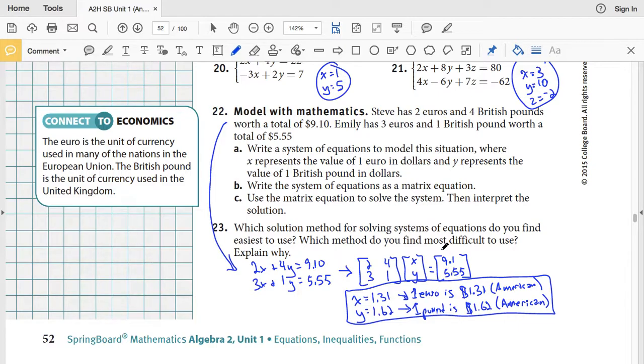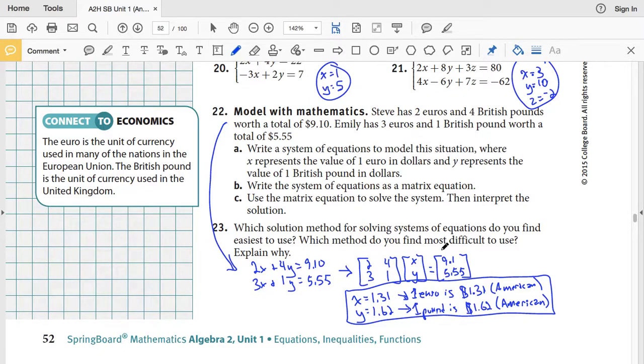As far as substitution and elimination goes, you guys have had tons of practice with both, so you are extremely familiar with them. And you'd probably say you each favor one over the other. For a system of two equations, you probably favor substitution, and for three equations with three variables, you probably favor elimination.